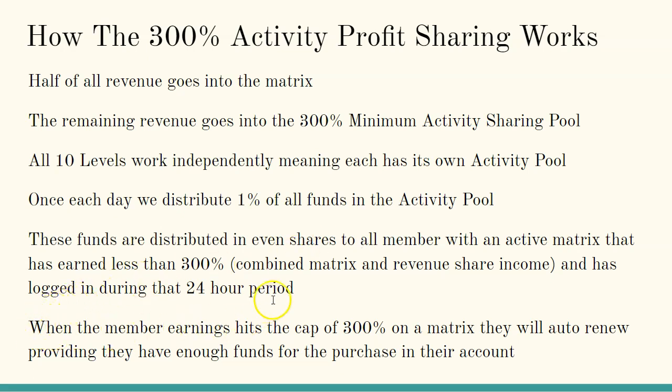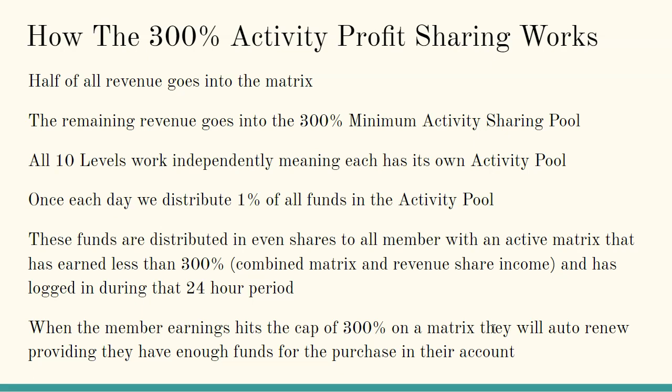When a member's earnings hit the cap of 300% on a matrix, it will auto renew. If you don't have the funds in there, then you're not earning. You will have to make a deposit to get your funds back up. As an example, level 1 is $5.